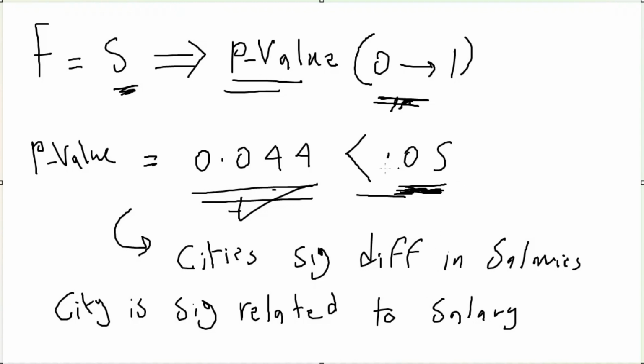Okay, if this value is large, if the p-value is larger than 0.05, we cannot prove this. We fail to prove that cities are significantly different in salaries. And we fail to prove that city is significantly related to salary. We can't prove this.